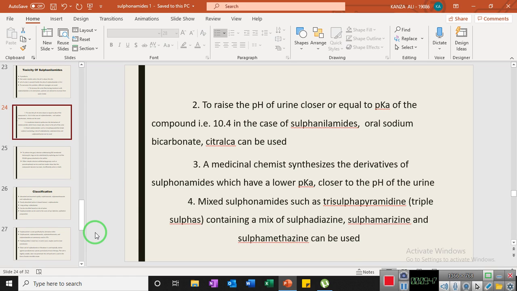While for the same purpose, we are also using the number of sulfonamides, or we use different derivatives in combination, such as a mixture of sulfadiazine, sulfamerazine, and sulfamethazine can be used.